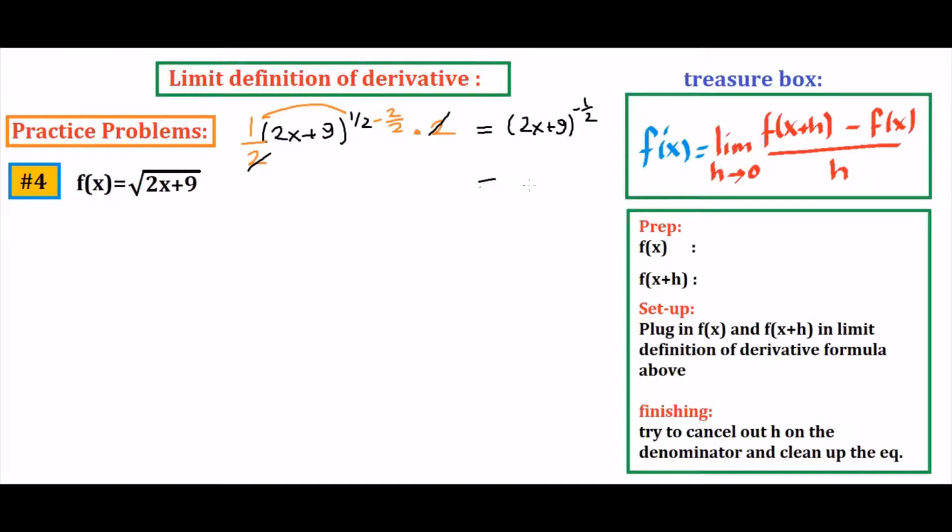If you would like to rearrange it, you can bring that to the denominator, which is (2x + 9) to the positive 1/2, and you can express 1/2 as square root again. So 1 over the square root of 2x + 9 is our expected answer, and we are expecting to find it using the limit definition of derivative.